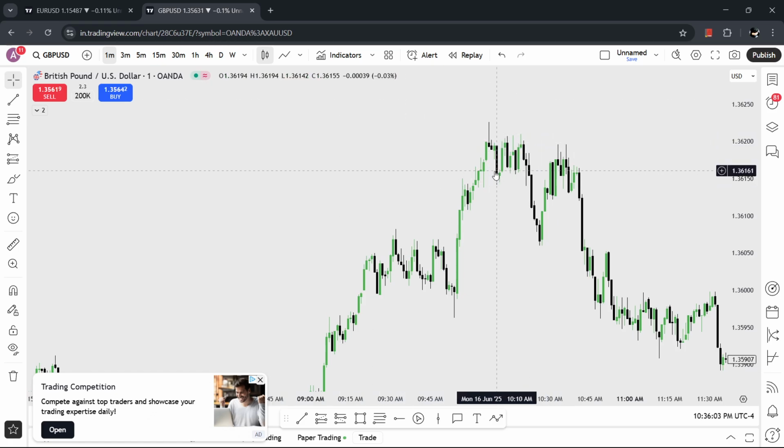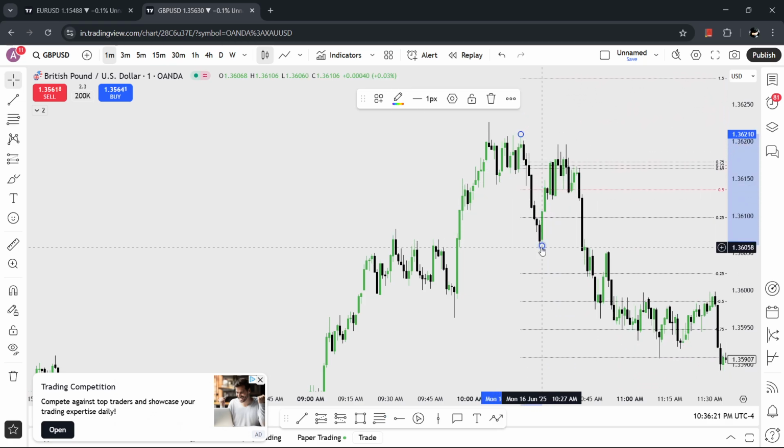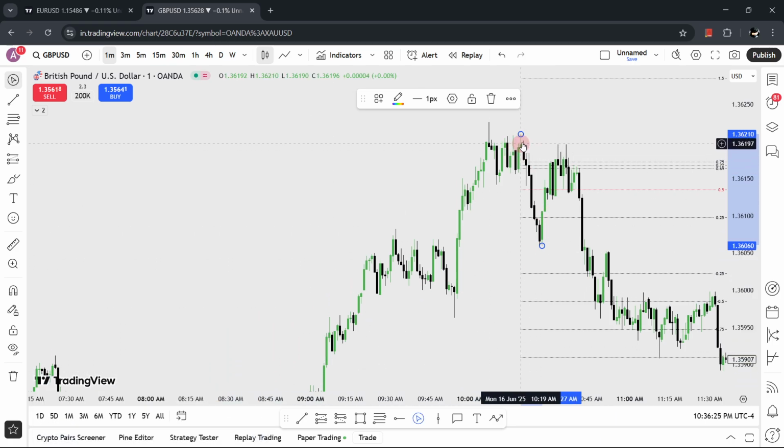Okay, another, you have structure shift here. Already an SMT there on the 1 hour time frame, from this high to this low, taking the displacement from this side to this level.